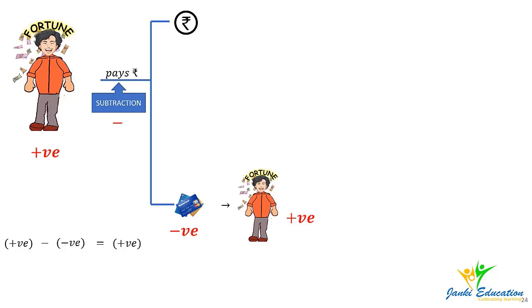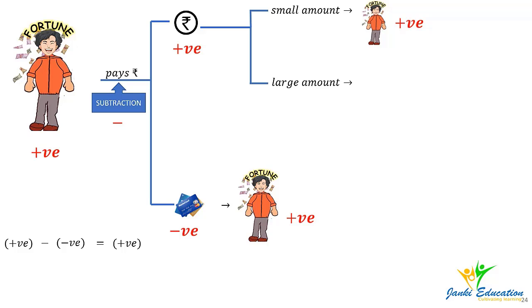Positive minus negative is always positive, because paying off a loan is actually increasing your wealth, you can say. When you are having that much money, then only you will be able to pay off, right? So here, how much money can he pay in cash? There are two chances. He may pay a smaller amount or he may pay a large amount. If this person pays rupees, which is always positive, and if he pays a small amount, then he still remains a man with fortune, which is positive.